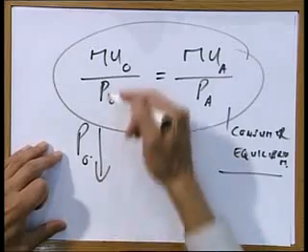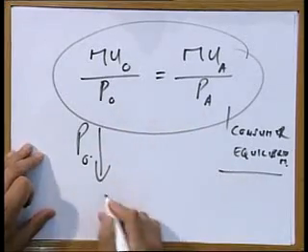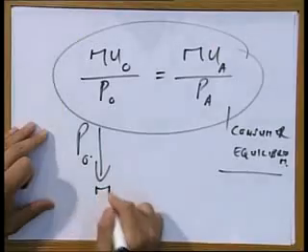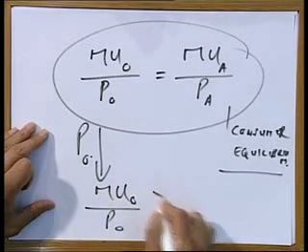Consumers will buy more oranges because they are cheaper, right? By buying more, the marginal utility that you gain by buying oranges will be more. So the MU of oranges over the price of oranges, that ratio will become bigger.